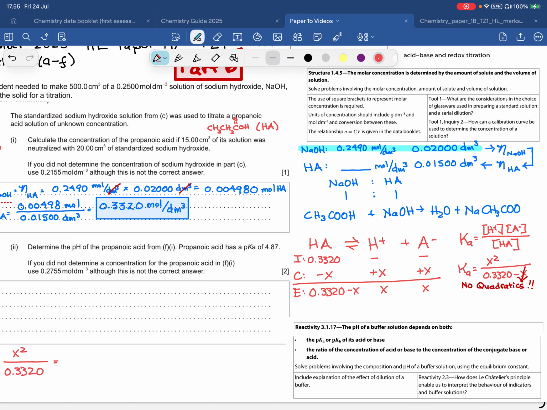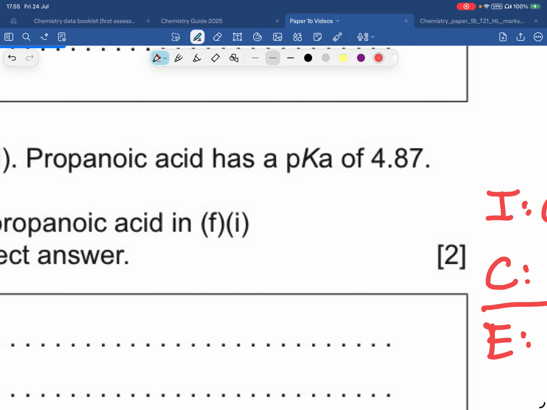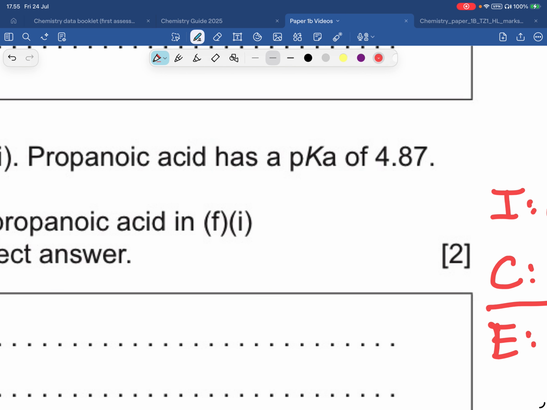Well, what's Ka? Well, they told you pKa was negative 4.87. P is always negative log. So pKa is the negative log of 4.87.